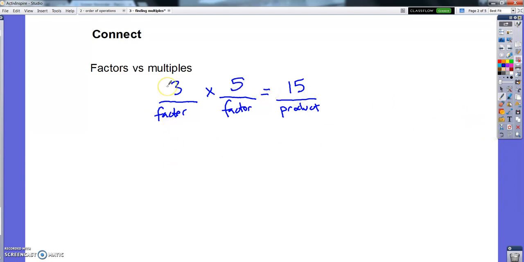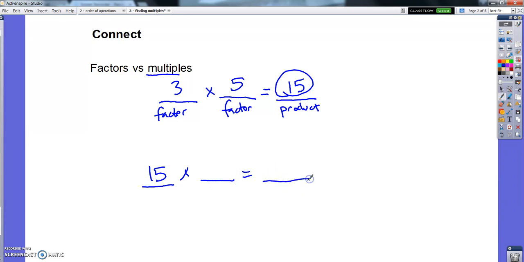Multiples are similar. They still deal with multiplication, as you can probably tell from the name, multiply. So those are the factors of 15. The multiples of 15 are the numbers I can get multiplying 15 by something.